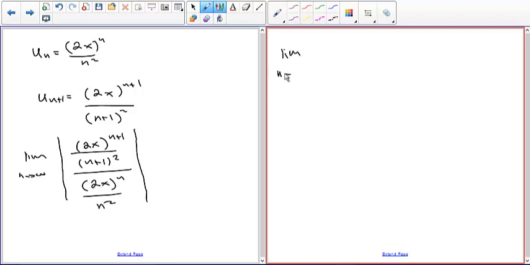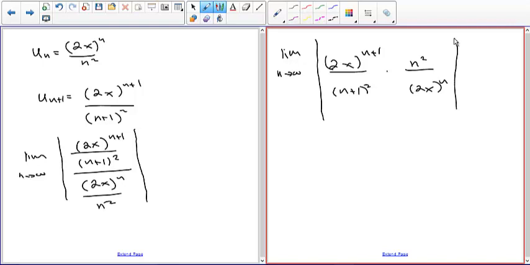So we change division into multiplication. So you're going to have 2x to the n plus 1 divided by n plus 1 squared times n squared divided by 2x to the n. So I just take the reciprocal.